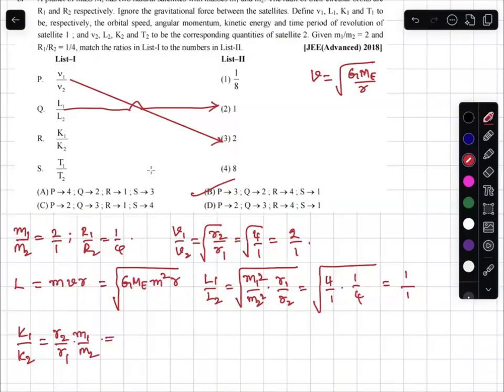R2 by R1 is 4:1, M1 by M2 is 2:1, and it is 8:1. So therefore R is 4. Time period T square is proportional to R cube. Use that for finding the time period.